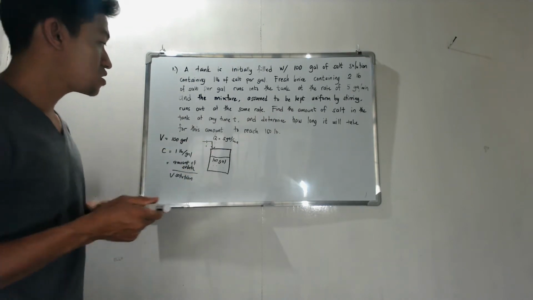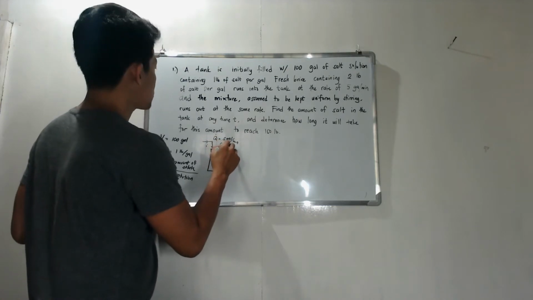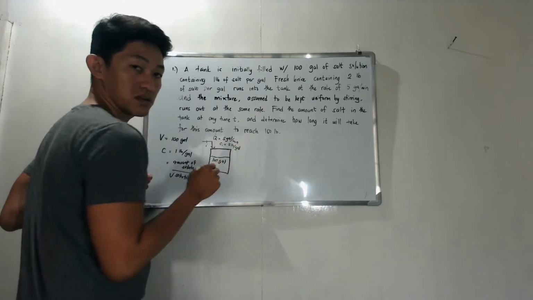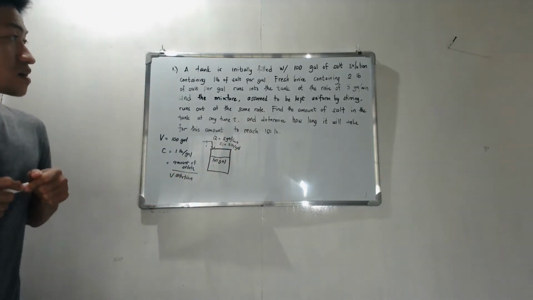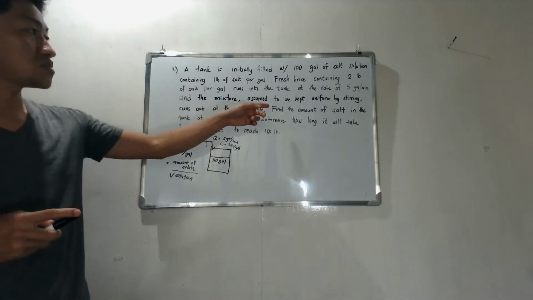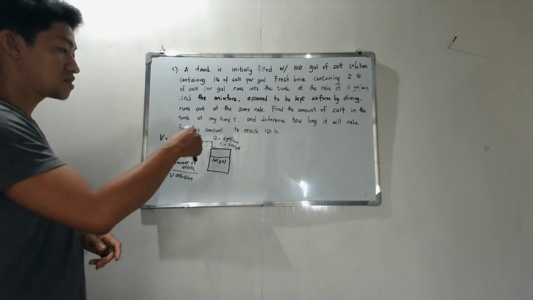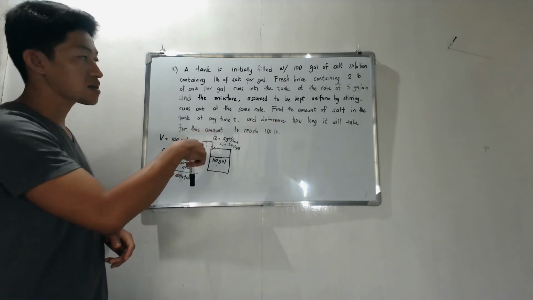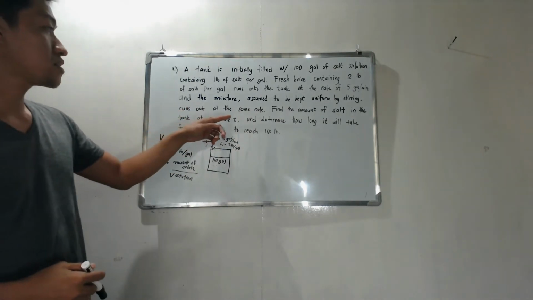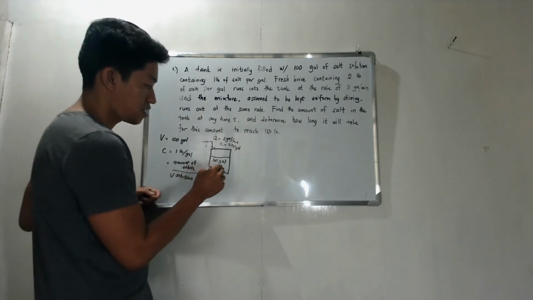And the concentration of the solution is 2 pounds per gallon. And the mixture is assumed to be kept uniform by stirring. So you have an agitator, a stirrer inside the tank, and runs out at the same rate.